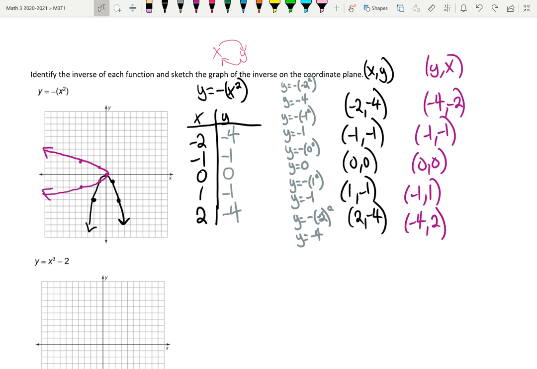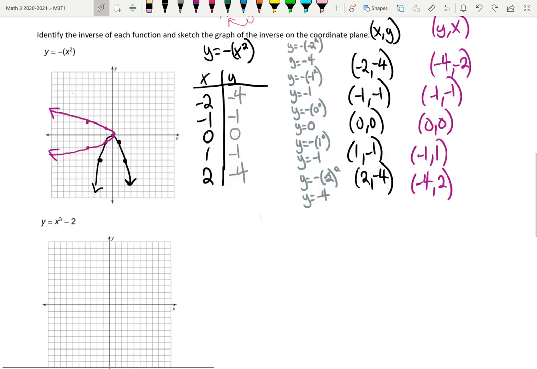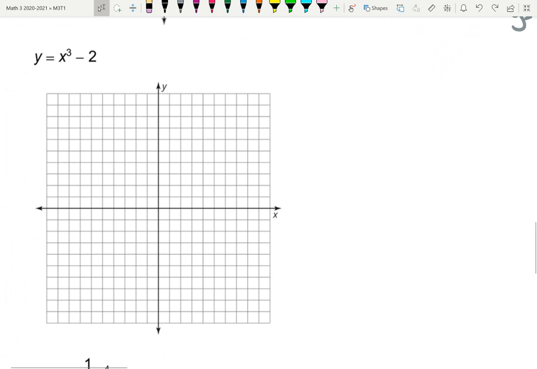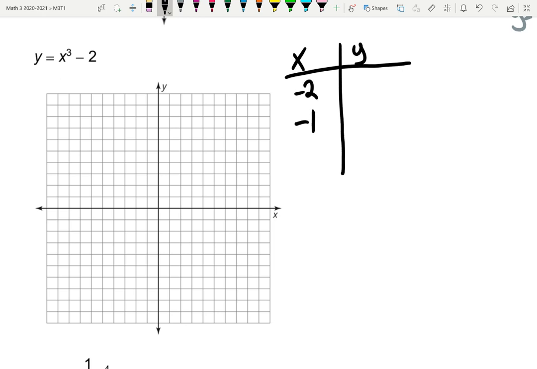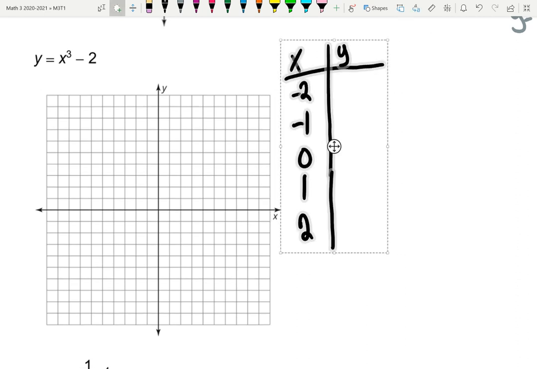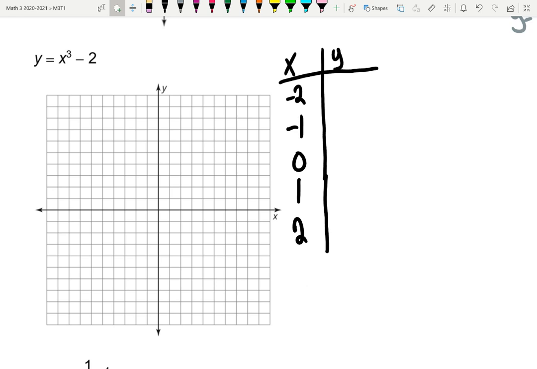I'm going to use -2, -1, 0, 1, and 2 in this next problem. My job is to figure out my x's and my y's for those inputs. So what is going to be my first y value?